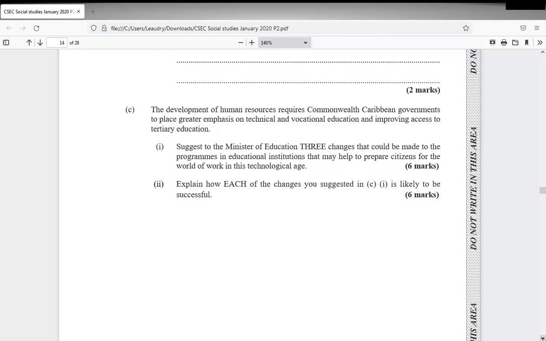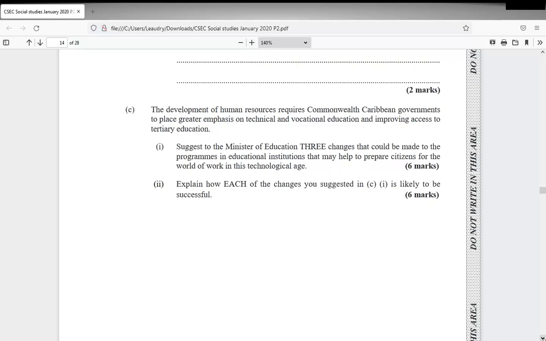Another change that the government can make is to allow more skilled training to be provided in these educational institutions. And this training would be not just local, but also international. So when persons are trained, they can go abroad and work, and so foreign exchange, we know, could come back into the country.